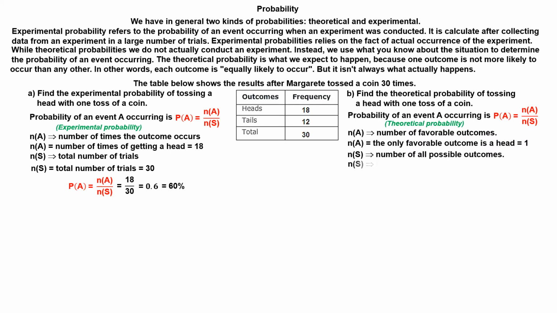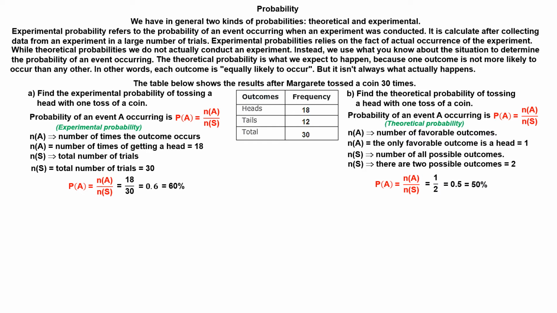In this example, there are two possible outcomes, head or tail, 2. Replace NA by 1 and NS by 2. The probability is 1 over 2, or 0.5, or 50%. So, if Margaret tossed that same coin 30 times, she would expect it to land on heads 15 times.